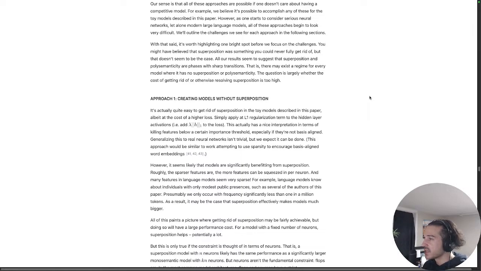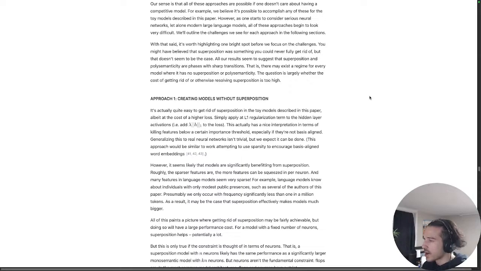You might have believed that superposition was something you could never fully get rid of, but that doesn't seem to be the case. All our results seem to suggest that superposition and polysemanticity are phases with sharp transitions. That is, there may exist a regime for every model where it has no superposition or polysemanticity. The question is largely whether the cost of getting rid of or otherwise resolving superposition is too high.